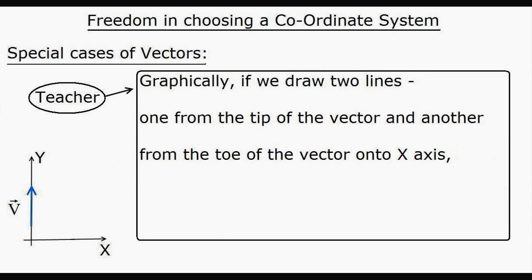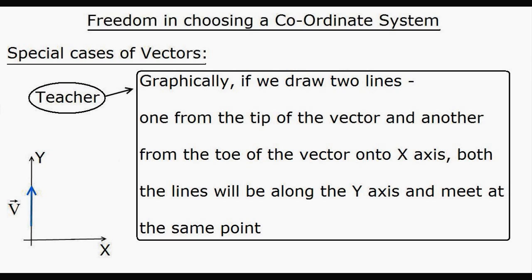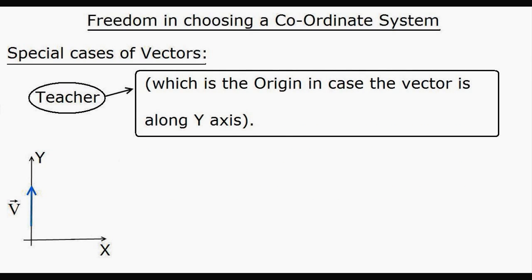Graphically, if we draw two lines, one from the tip of the vector and another from the toe of the vector onto the x-axis, both the lines will be along the y-axis and meet at the same point, which is the origin in case the vector is along the y-axis.